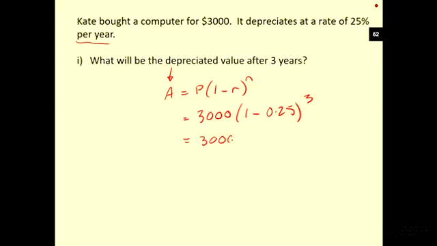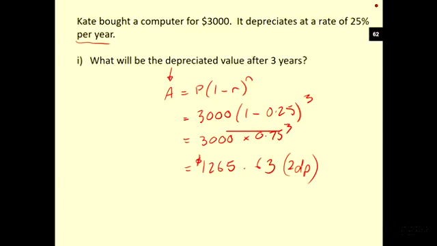It's 3,000 times 0.75 cubed, because 1 minus 0.25 is 0.75. So 3,000 times 0.75 cubed has got me down to a depreciated value of 1265.63 to 2dp. Straight subbing into the equation.